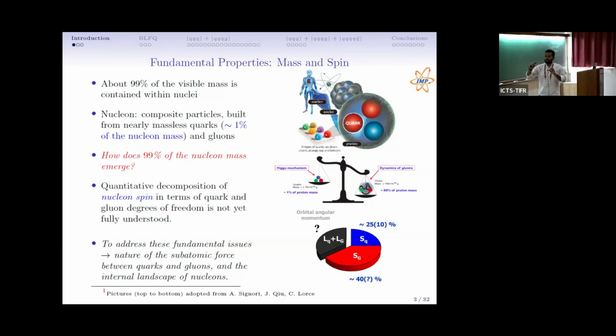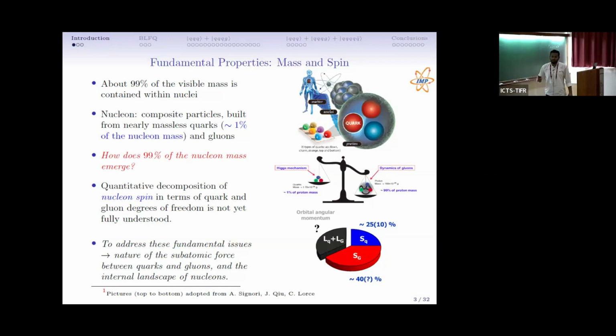Another important property is the proton spin. We all know that the proton is a spin-1/2 particle, but how does this spin decompose in terms of quark and gluon spin and their orbital angular momentum? That is not fully understood. From experiment, our knowledge is that around 25 to 30% comes from the quark spin, and gluon spin contributes around 40%, but there is a huge uncertainty in the small-x region.